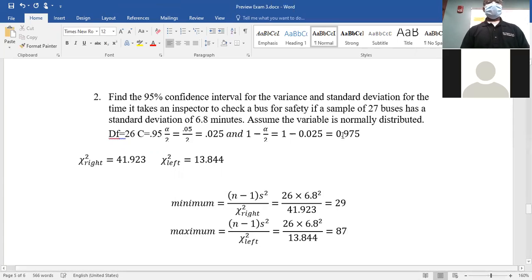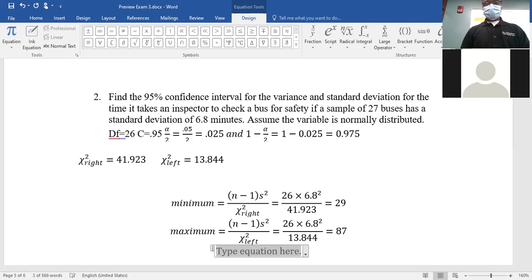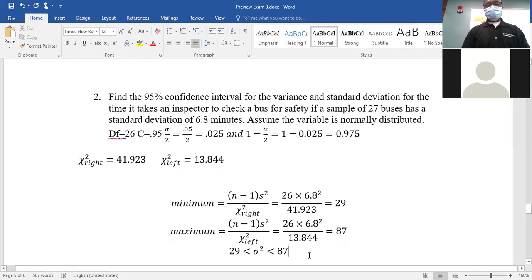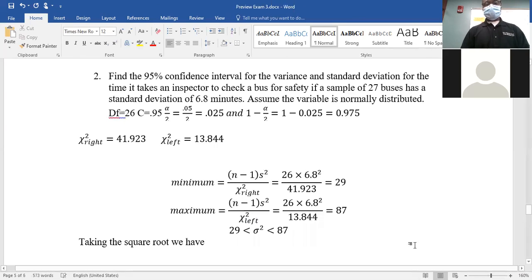Now we can say that the confidence interval for the variance is 29 less than sigma square less than 87. And for standard deviation, we will just take the square root. Take the square root for both sides. So what do we get?